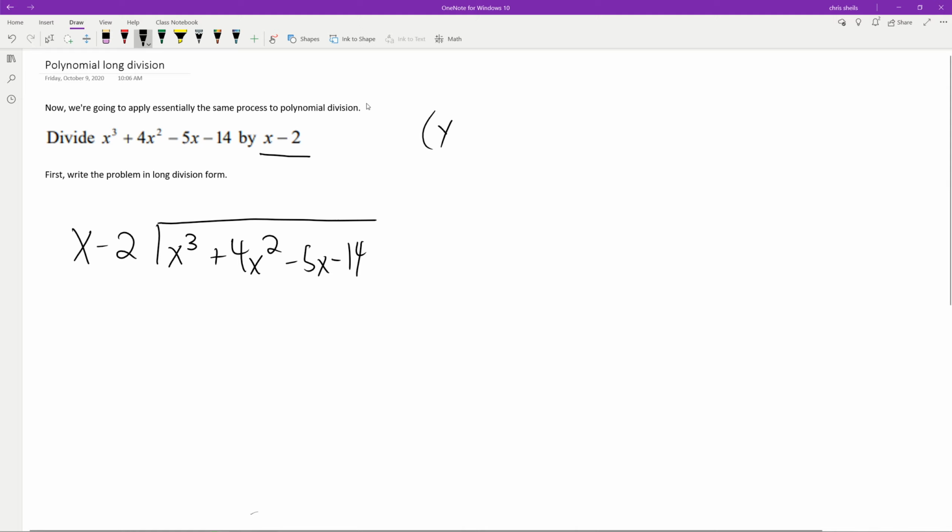In other words, I know that this polynomial can be rewritten as x minus 2 times something. So if I just divide the polynomial by x minus 2, then I'm solving for this something.